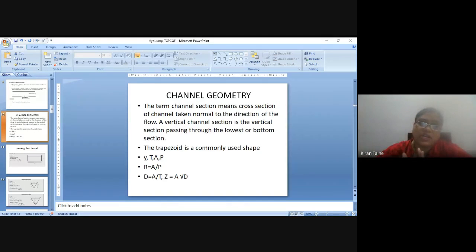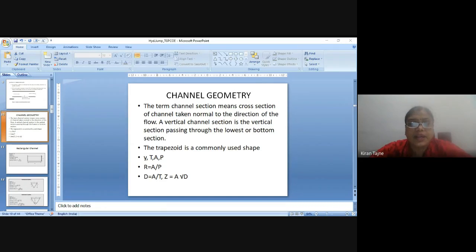If it is trapezoidal, then you will find a trapezoidal shape. Trapezoid is a commonly used shape. Rectangle and triangle are special cases of trapezoid, and since the rectangle has vertical sides, it is commonly used for channels built of stable material such as lined masonry, rock, metal, or timber.